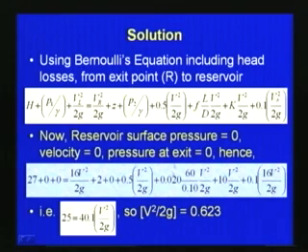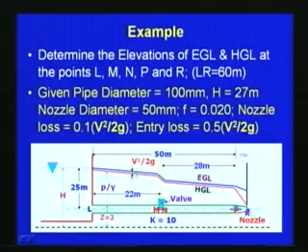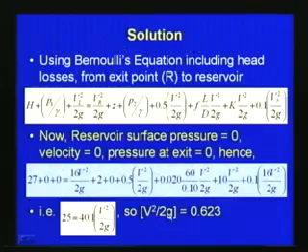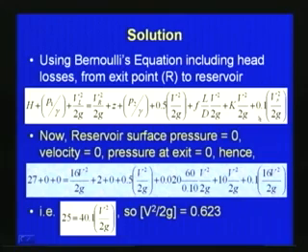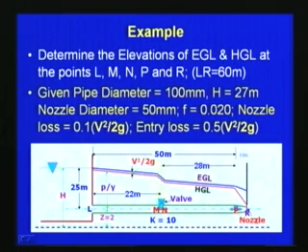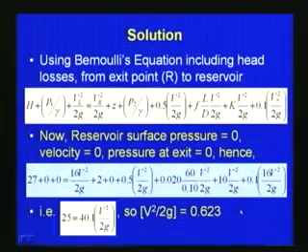Then for the pipe length, we can use the Darcy-Weisbach equation to get the head loss, so fL V square by 2gd. Then we have this valve, which gives K V square by 2g, and the nozzle loss is 0.1 V square by 2g.